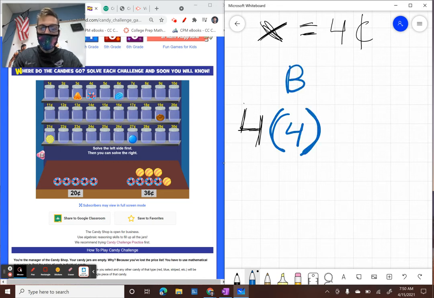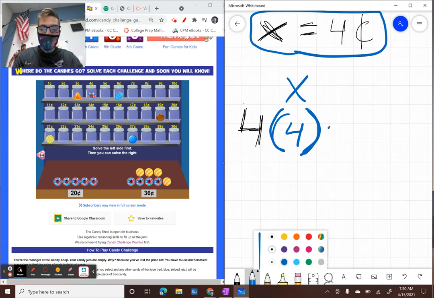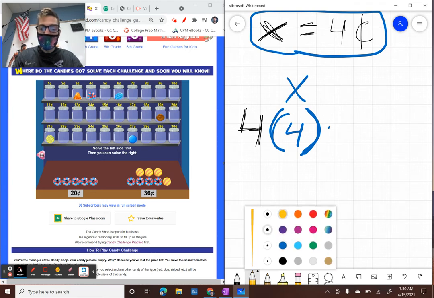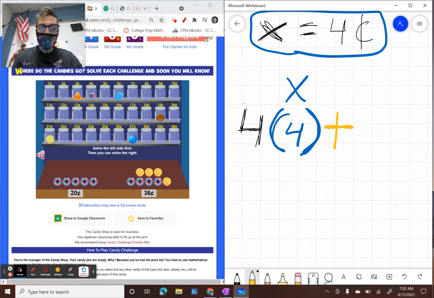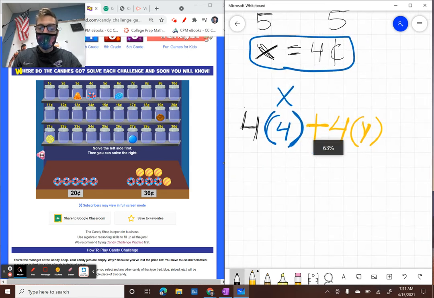Right, that's the cost of the blue candies, or I should really use X. And then we're going to have to add the cost of our yellow candies. Well, how many yellow candies do we have? 1, 2, 3, 4. So 4 times the cost of, we'll use Y for yellow, and this is going to equal 36 cents total.